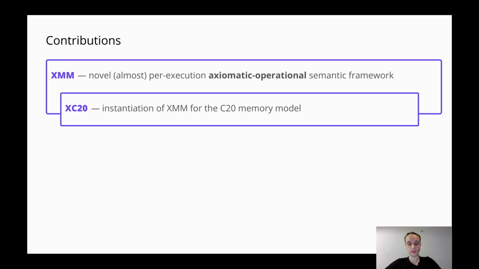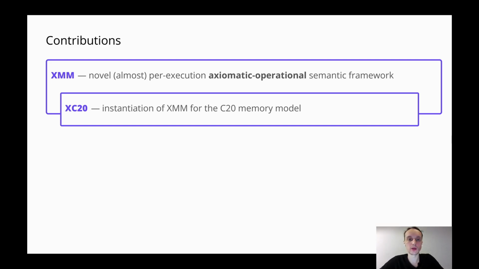The XMM framework builds on a given axiomatic per-execution memory model. It extends the given memory model with out-of-order re-execution capabilities, enabling efficient compilation while forbidding thin air outcomes. We instantiated the XMM framework with the C20 consistency constraints to arrive at the model, which we call XC20.